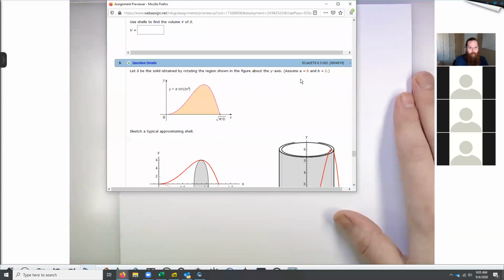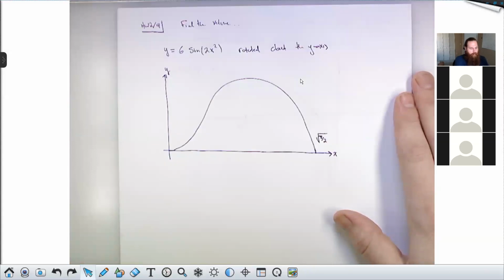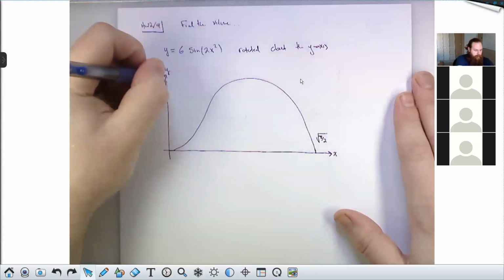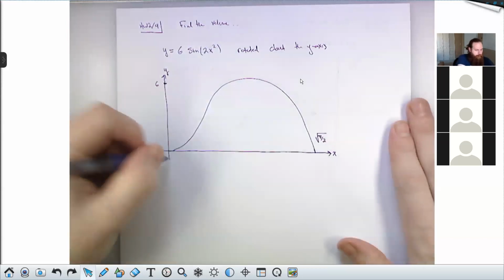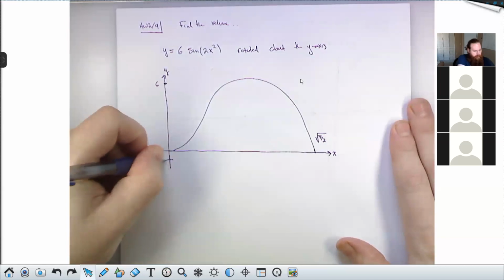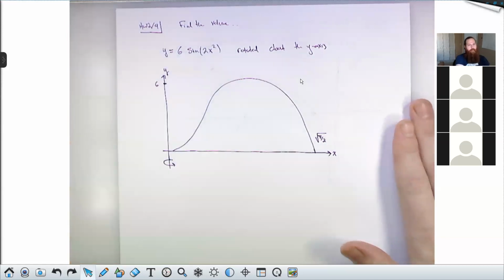They said the square root of pi over b, and this max height here happens to be 6. You can note that. That's how a and b modify the problem. And I want to rotate this region about the y-axis.